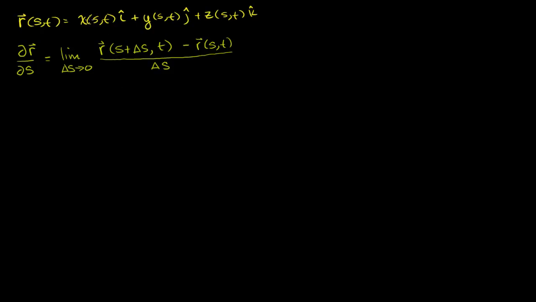Now, if you do a little bit of algebra here, r of s plus delta s, comma t, that's the same thing as x of s plus delta s, t, i plus y of s plus delta s, t, j plus z, all of that minus this thing. If you do a little bit of algebra with that, and if you don't believe me, try it out, this is all going to be equal to the limit as delta s approaches 0, and I'm going to write it small because it's going to take up a lot of space, of x of s plus delta s, comma t minus x of s and t.